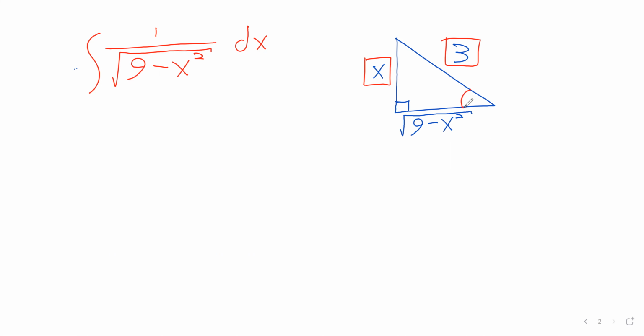So what we're going to do is we're going to give that angle a name. And we're going to write down the right triangle identity that the sine of an angle is the opposite over the hypotenuse.